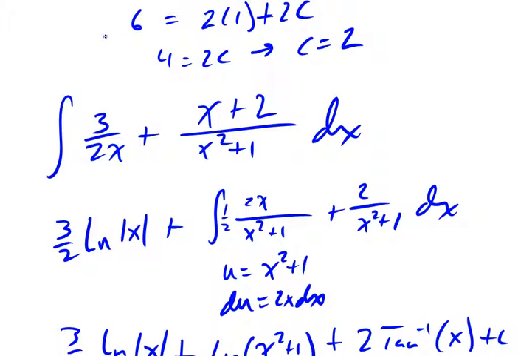Then generally what happens is you got to split it up. You got to see what the derivative of this bottom is and use that as the numerator, and then take the other stuff and you do a distributive property. Right? It might be a little bit different each time depending on whether this has an x term in it or it's just an x squared plus 1 like this one is.